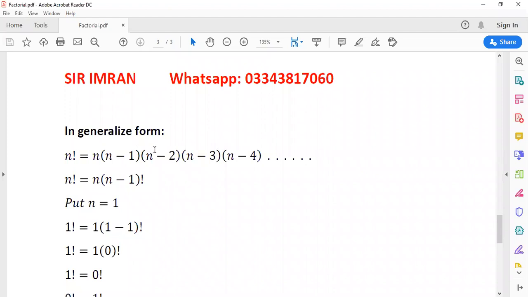In generalized form, we can write n factorial equal to n into n minus 1 into n minus 2 into n minus 3 into n minus 4 and so on.